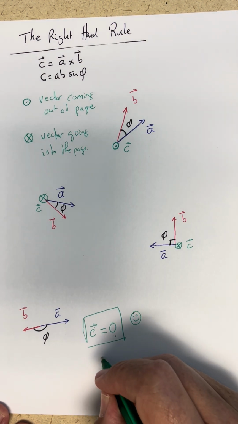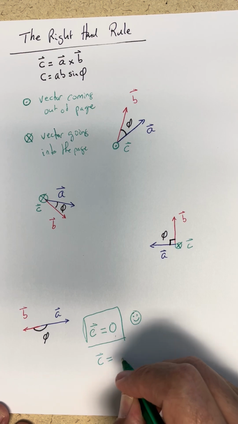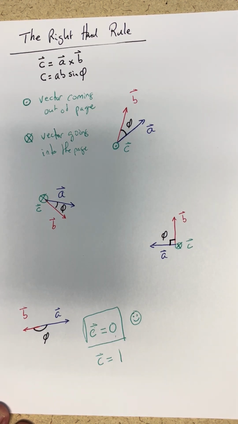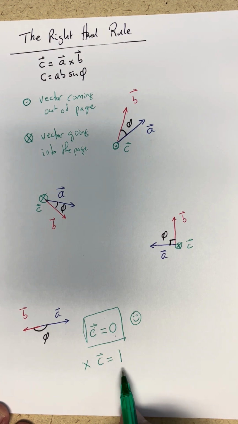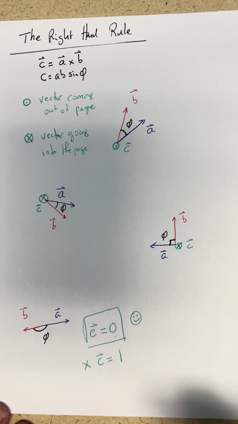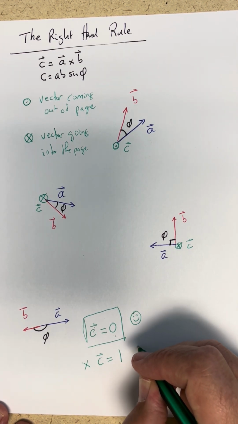That's a logical and possible thing that can happen. What cannot happen, I cannot say that vector C equals 1. That doesn't make any sense, because now I am setting a vector equal to a scalar, but there's no direction associated with 1. 1 what? 1 east, 1 along the x direction?